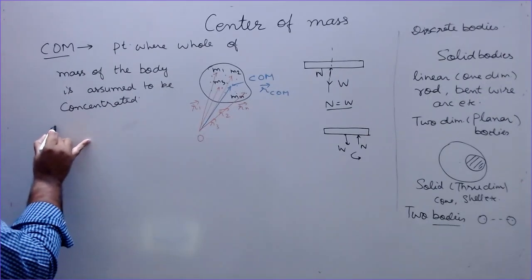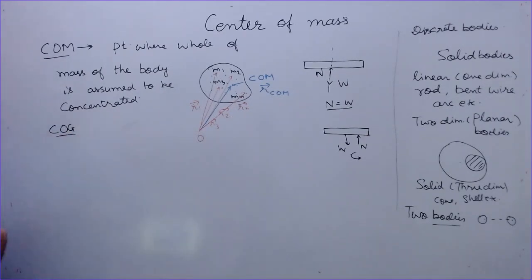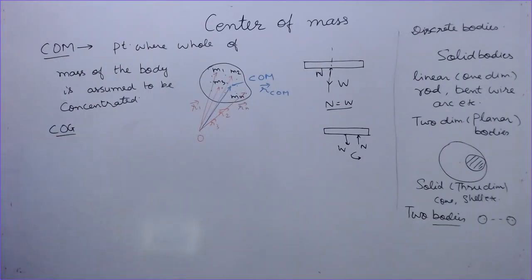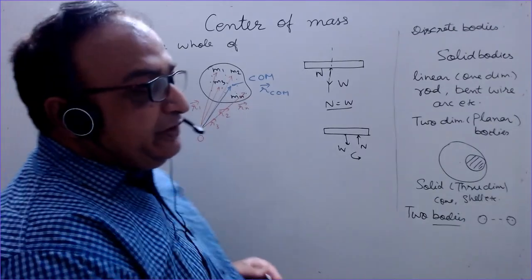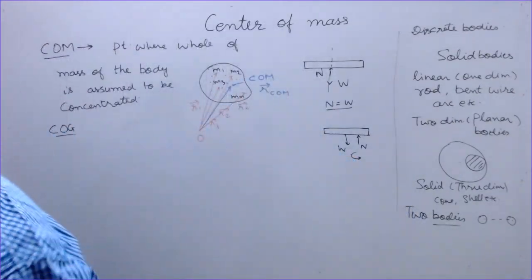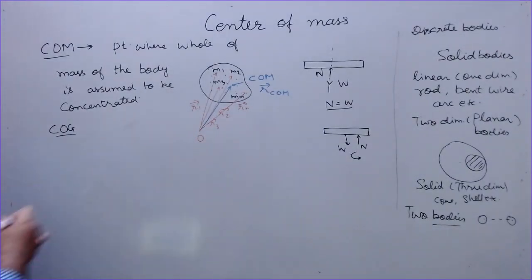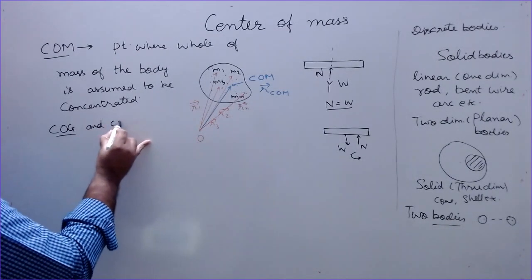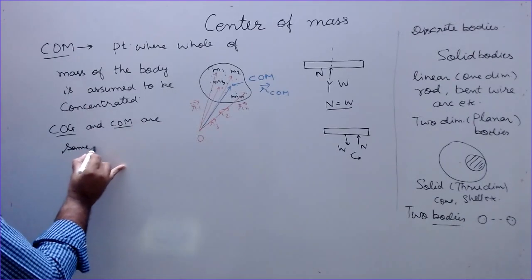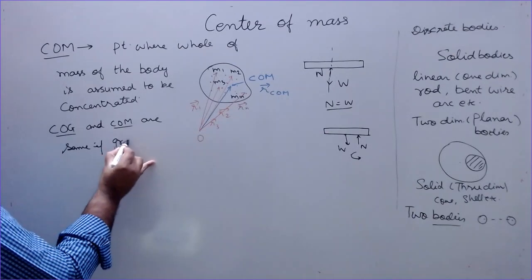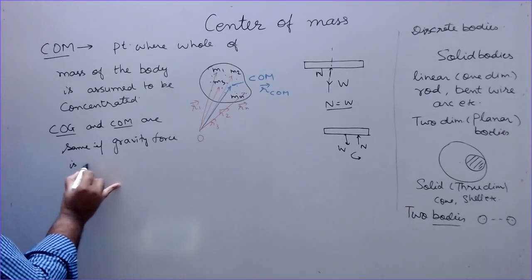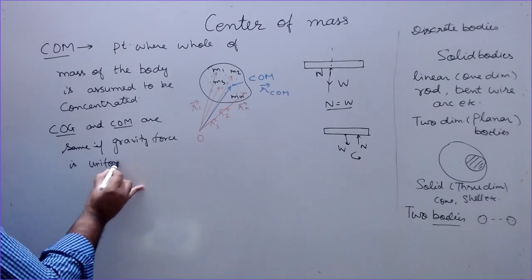Now, center of gravity is the point where effectively the gravity force is acting on the body. Now, what is the difference? So, COG and COM are the same if the gravity force is uniform and parallel.